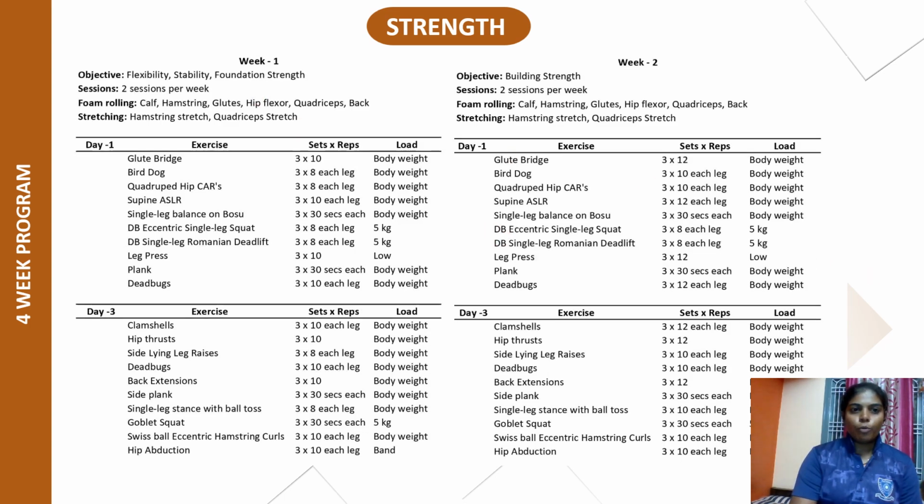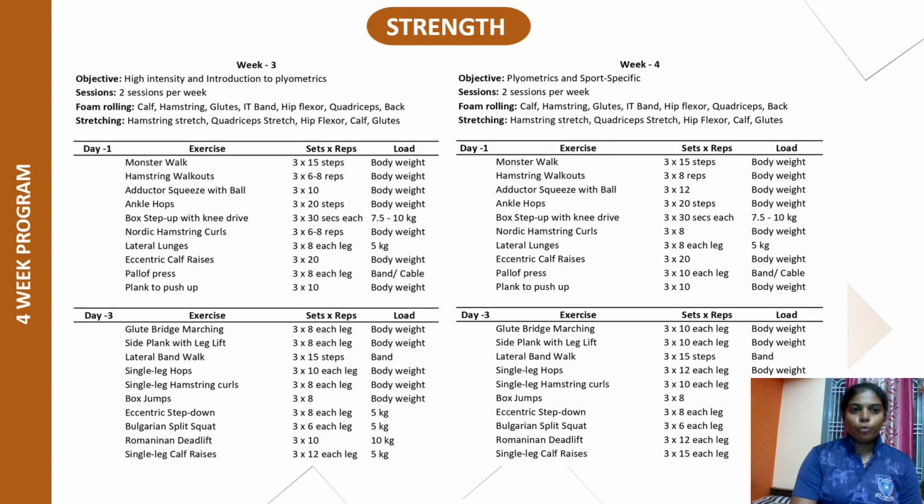Weeks 3 and 4 focus on high intensity and plyometrics, where the introduction to sport-specific plyometrics is incorporated. Exercises such as box jumps, lateral band work, eccentric calf raises, etc., ensure safe progression from foundation strength to high intensity activities, which are cricket specific movements.